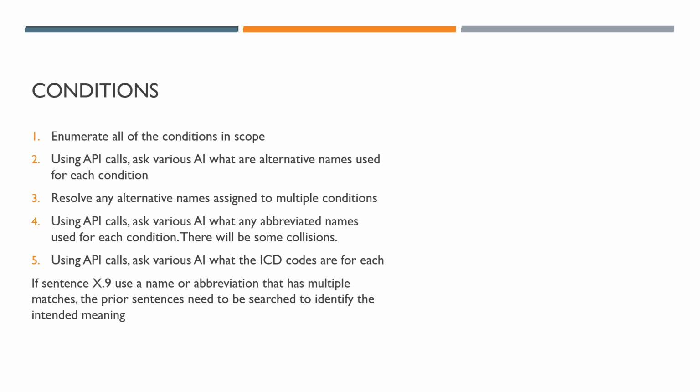Now, once you finish doing all the APIs, then you go to the problem of alternative names colliding across multiple conditions. And now you end up having to figure out priorities for which one is supposed to be a match. In some cases, it can be resolved by looking at the full text of the article and seeing if any of the alternative names are listed, and if that resolves which one.